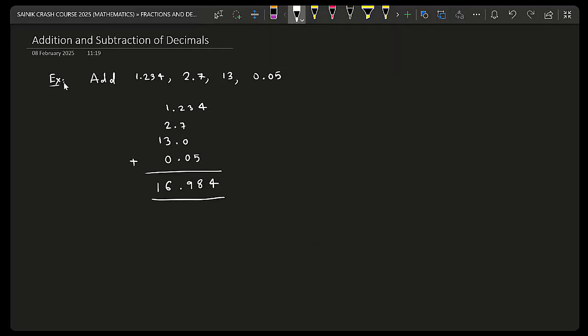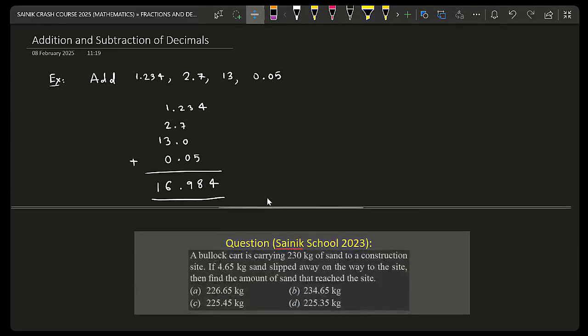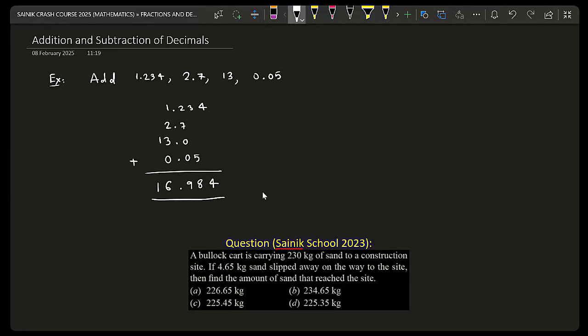Now we are going to previous year questions. Copy this. Make the heading also addition and subtraction of decimals. You can see one question from the 2023 paper. A bullock cart is carrying 230 kilograms of sand to a construction site. If 4.65 kilograms of sand slipped away on the way to the site, find the amount of sand that reached the site. Try to solve this question, all of you.